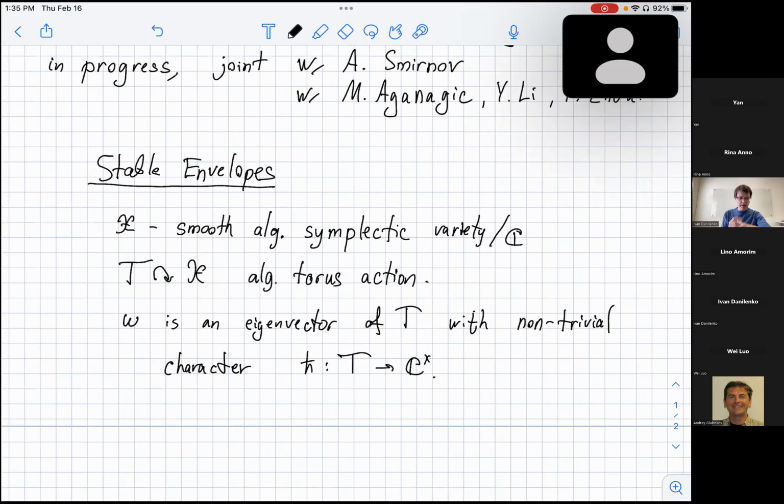Then we have a subtorus of T, a subgroup inside of T that acts by symplectomorphisms because it's the kernel of H. So it acts by symplectomorphisms.